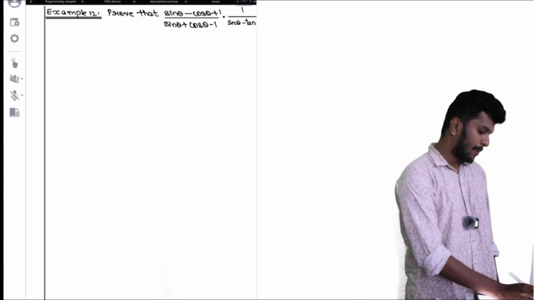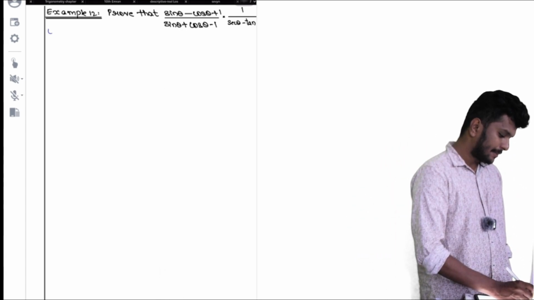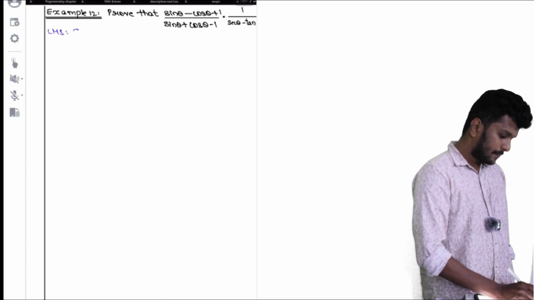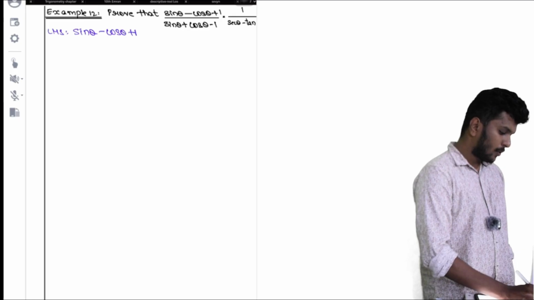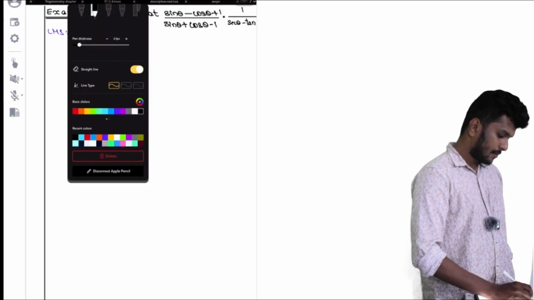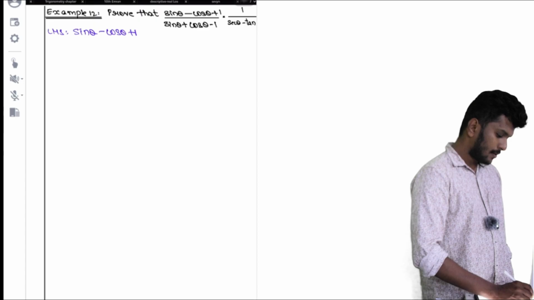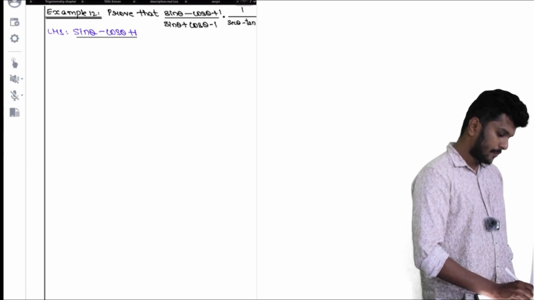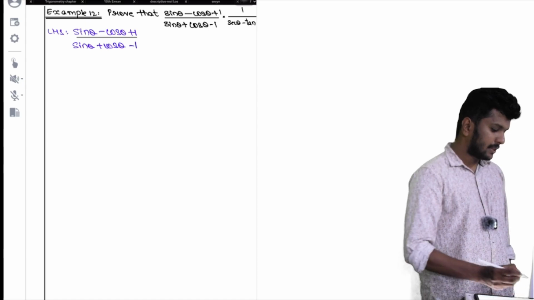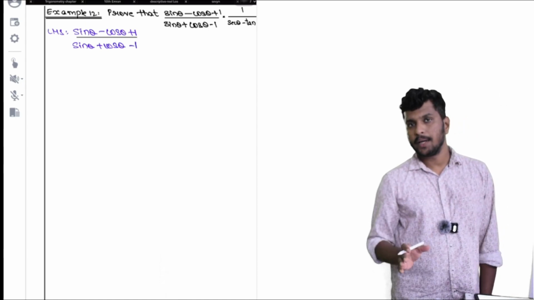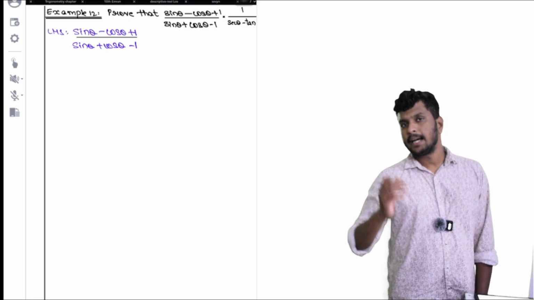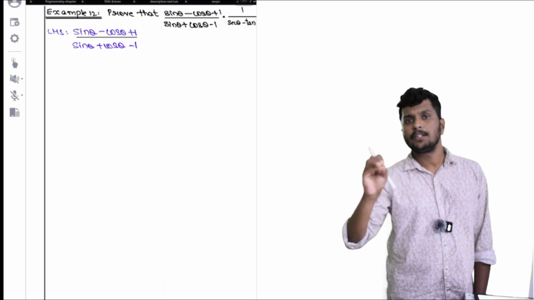Okay, so that implies, listen, I'll take the LHS. Sin theta minus cos theta plus 1, divided by sin theta plus cos theta minus 1. So what I'm going to do here my dear friends is divide each and every term with cos theta.